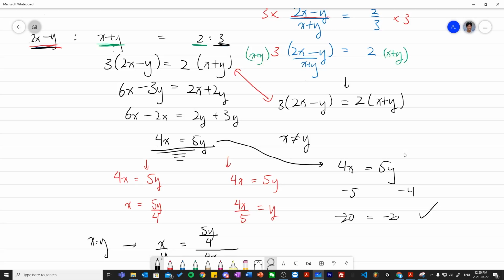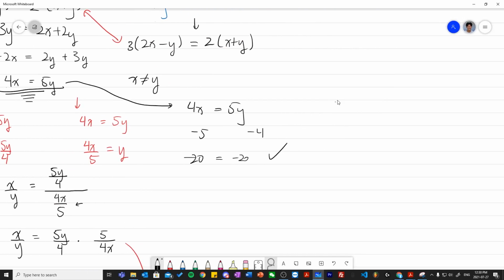It could also have been 4x equals 5y with x equals 5 and y equals 4, so 4 times 5 equals 20 equals 20, and that still works. However, I cannot have a negative and a positive, because now I'm saying -20 equals 20, which is wrong.